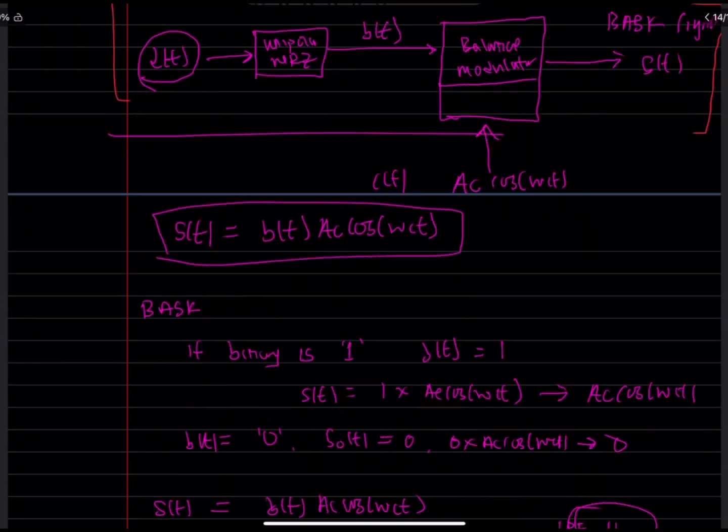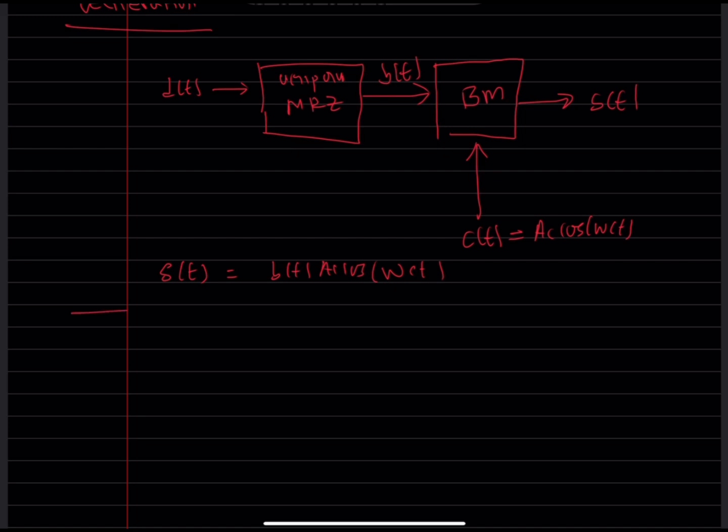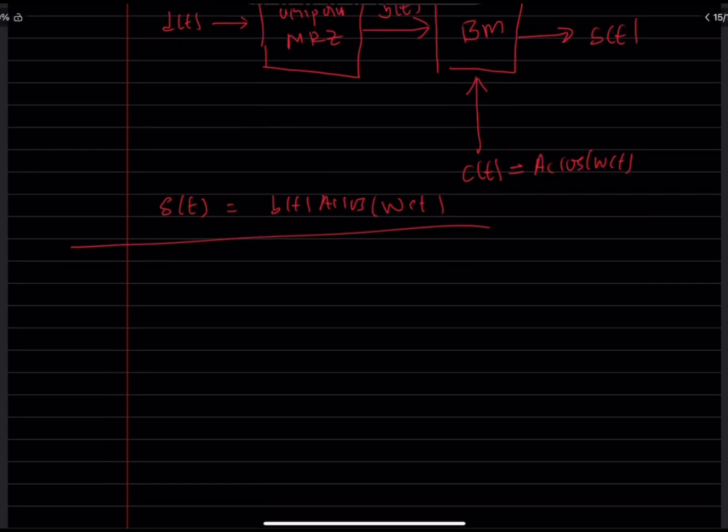It is done with a carrier signal C of t, and the carrier signal is Ac cos omega ct. After the modulation, we get S of t, and S of t is equal to B of t Ac cos omega ct.